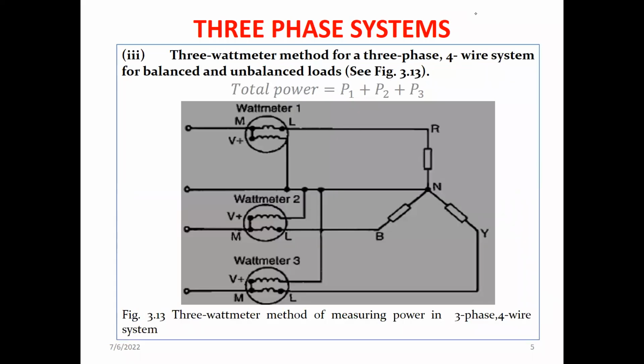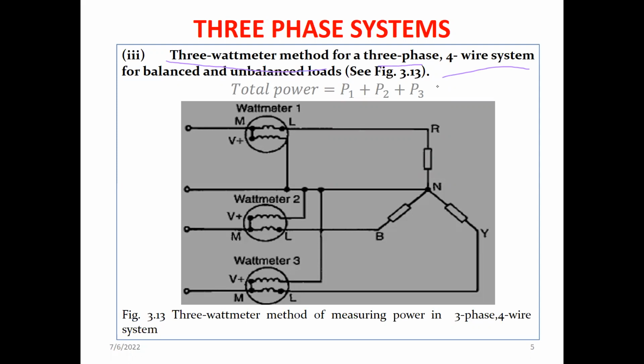Moving on to the third and last method, we have the three-wattmeter method. The first was the one-wattmeter method, the second was the two-wattmeter method, and now the third is the three-wattmeter method for a three-phase, four-wire, balanced or unbalanced load.